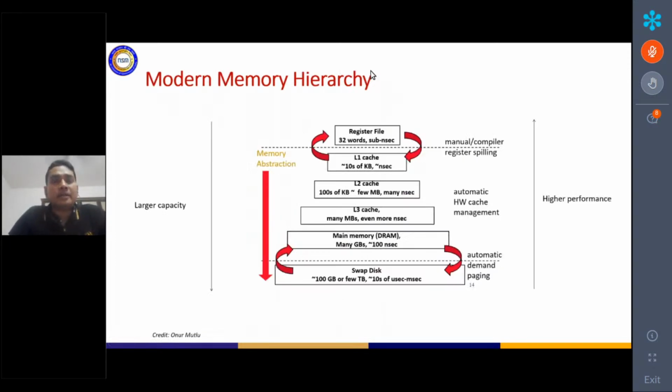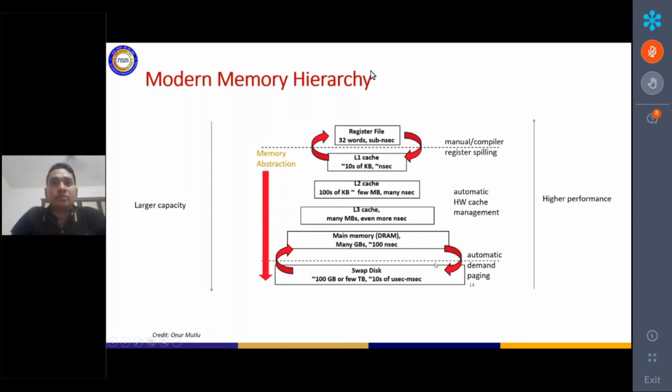And if you see the hierarchy of the entire memory system in the modern computing system, you have the register file at the lowest end, and then you have different levels of caches, L1, L2, L3, and then you have your main memory, which is your dynamic RAM, and then you have the swap disk to interchange programs between the swap disk and your main memory, depending on the locality or availability of the program, right? And that is mostly automated and controlled by demand paging.